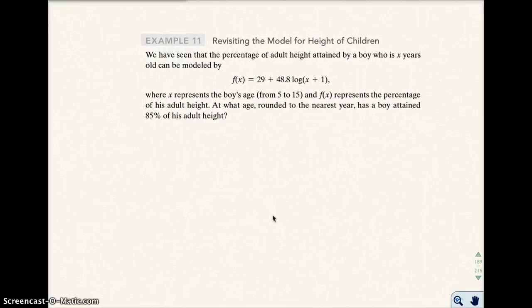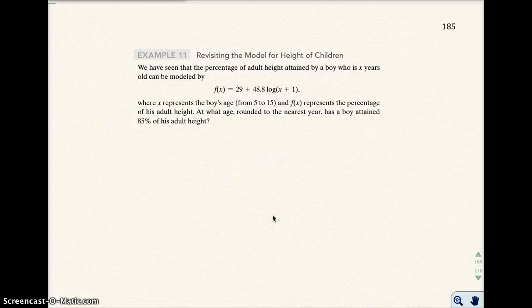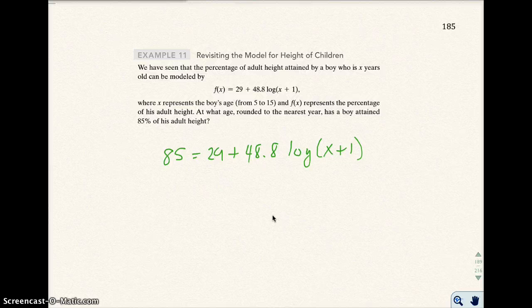We know that he's obtained 85% of his height, so we're going to do 85. We want to know what age he will obtain 85%. So 85 equals 29 plus 48.8 log of x plus 1. Now we're going to subtract 29 from both sides. We want to get this logarithmic expression alone, so we want to get rid of this 29 and separate by addition, subtraction.